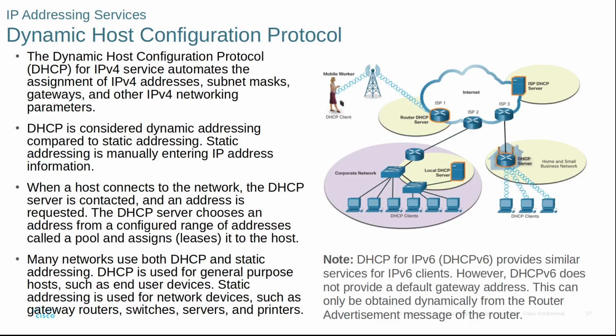Many networks use both DHCP and static addressing. DHCP is good for hosts like client devices: desktops, laptops, tablets, things like that. For things that you want to be able to find guaranteed, like printers, servers, routers, switches, you're going to use static addresses.